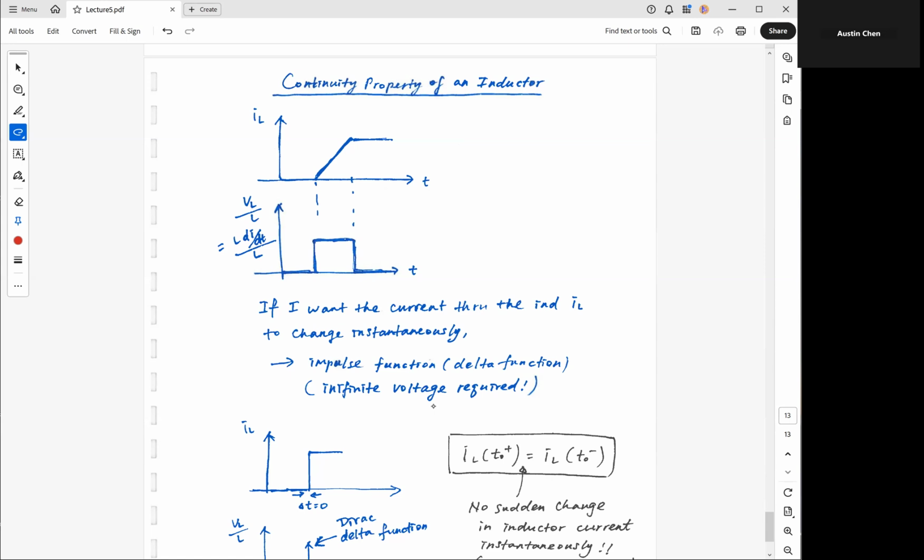So instead of saying voltage drop across a capacitor, we will say the current passing through an inductor. Instead of using vC, we will use iL. So iL at 0 plus is equal to iL at 0 minus. The current passing through an inductor cannot change instantaneously. It can change gradually, but it cannot change instantaneously.